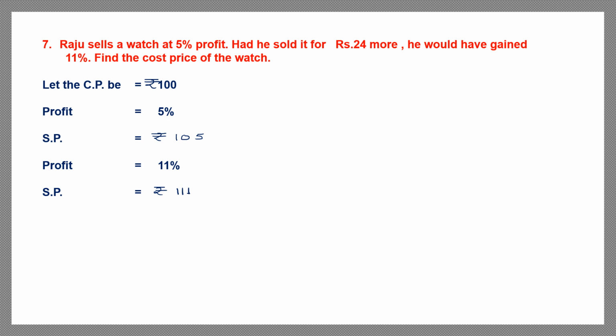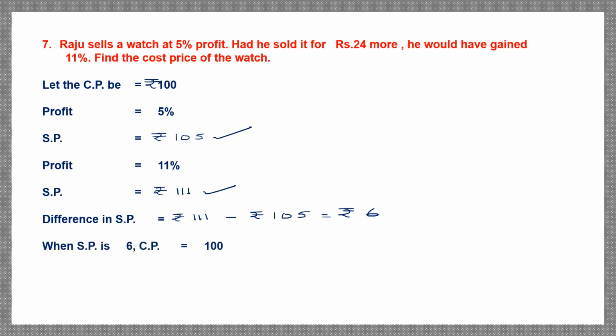Now let's find the difference in this selling price and this selling price. So the difference in selling price will be, take the bigger number first, 111 minus 105, and that is 6 rupees. Now let's use the unitary method. When the selling price is 6 rupees, the cost price is 100 rupees, because we are asked to find the cost price.